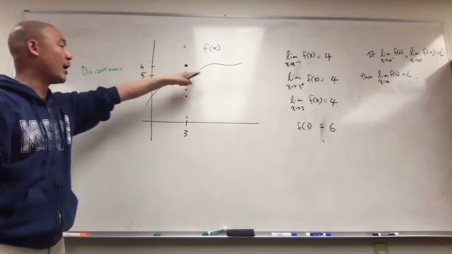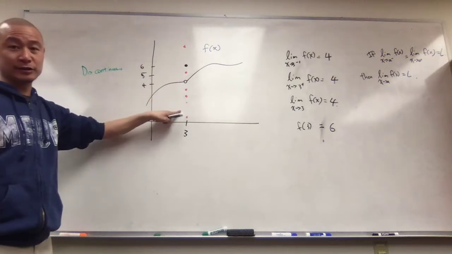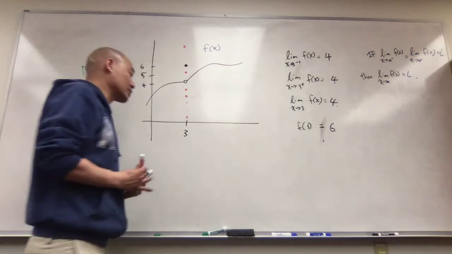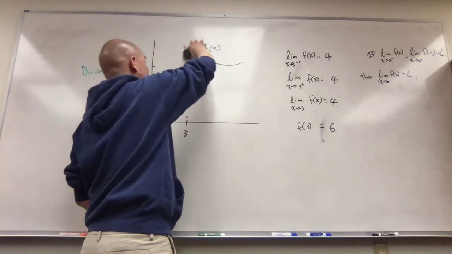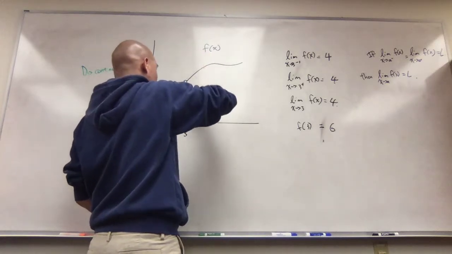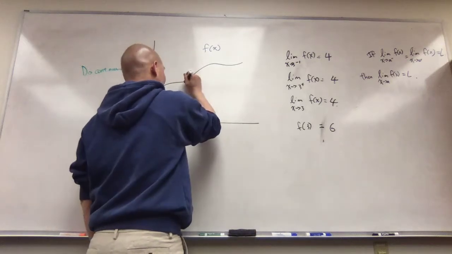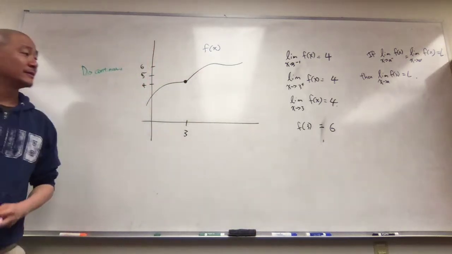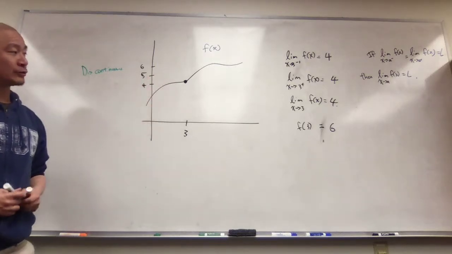You would still want to head towards 4, but at 3 your function takes on some other strange thing. And that's no good. If you want this thing to be continuous, you want it to be a smooth transition. In other words, you want the function to take on that value that you're going to there.